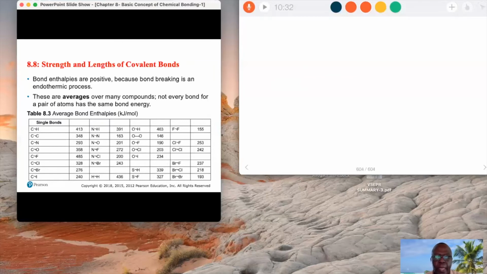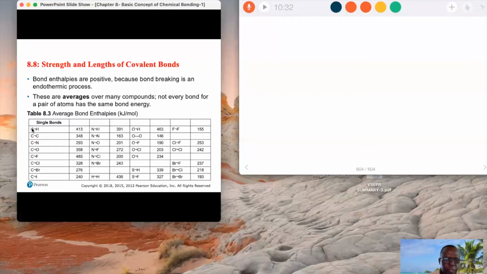And also the electronegativity. Electronegativity plays a role: if there is equal sharing of electrons, then the displacement of electrons will not be confined to one atom.